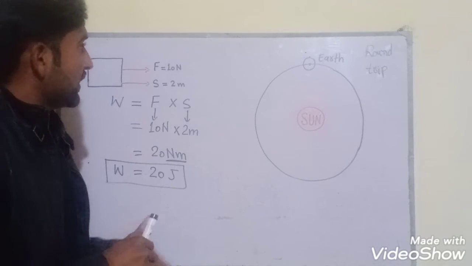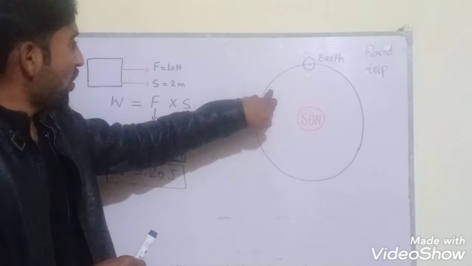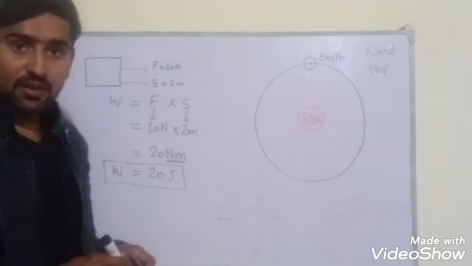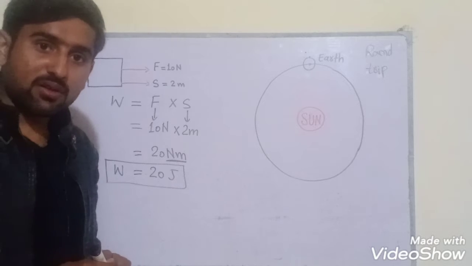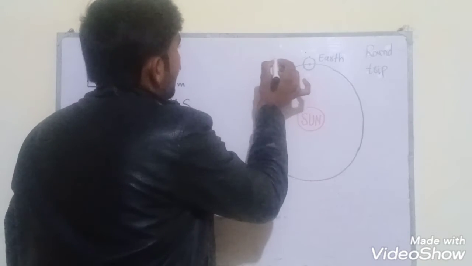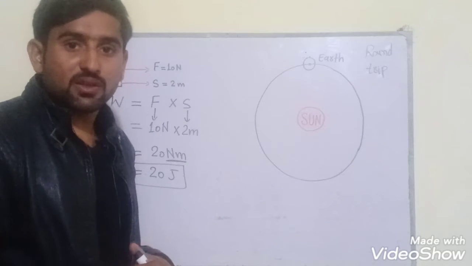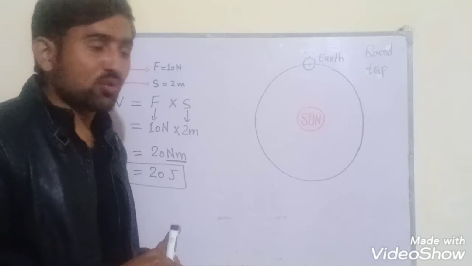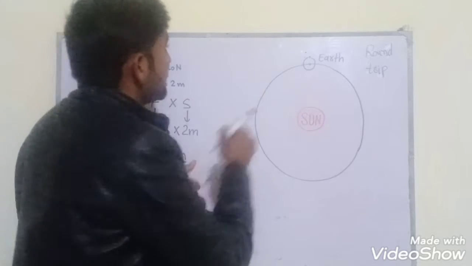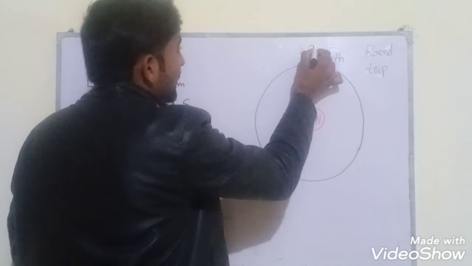Note here, in a round trip the Earth revolves completely. What is displacement? Displacement is the shortest distance between the initial position and the final position.